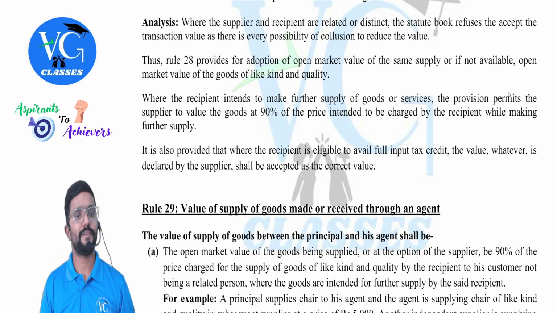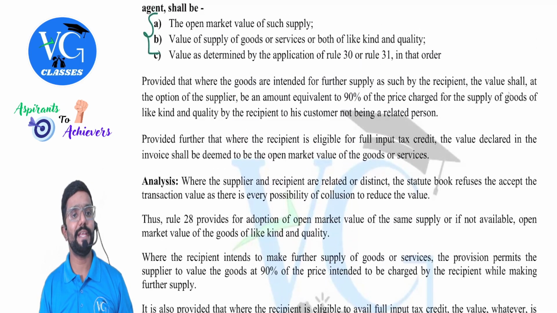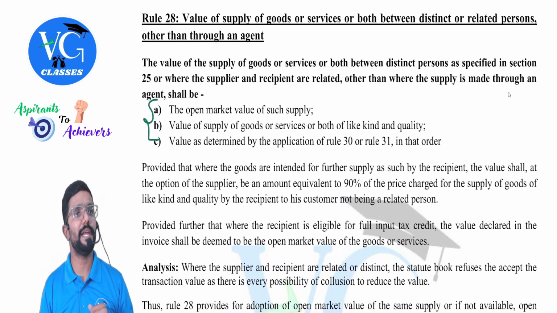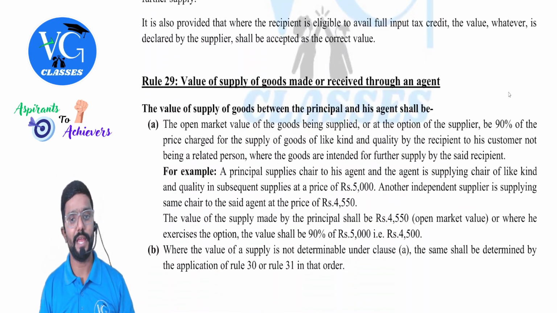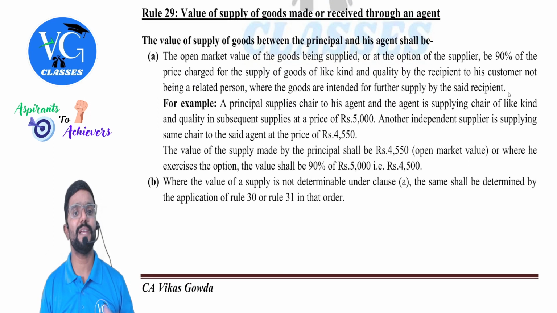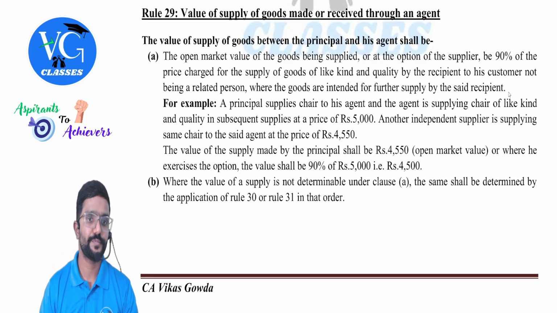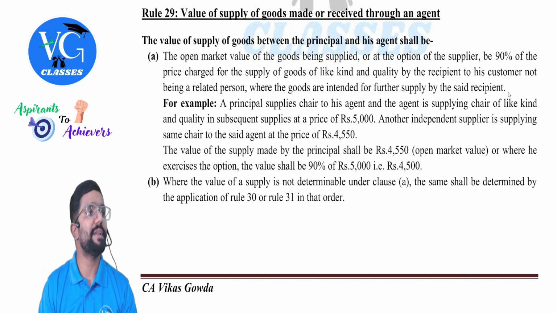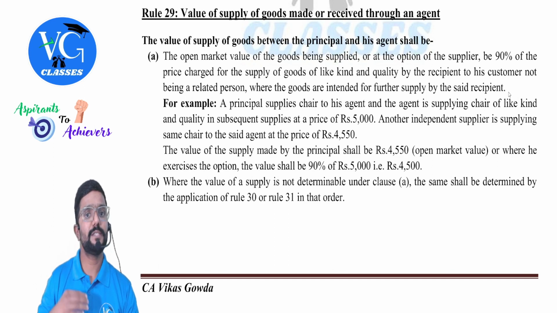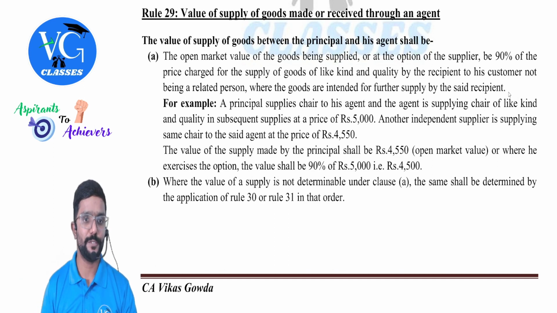Fine, guys. So Rule 28 is when there is a supply between related persons, but it clearly excludes supply through an agent. Sir, what if there is a supply through an agent? Then we need to apply Rule 29. Value of supply of goods made or received through an agent. Okay, means sale as well as purchase both are covered.